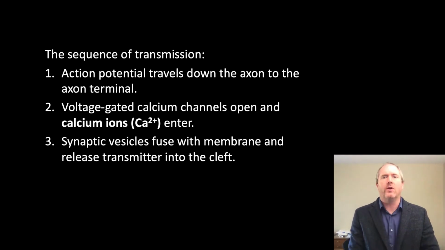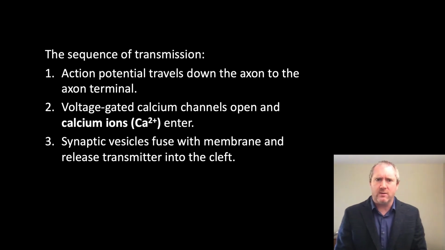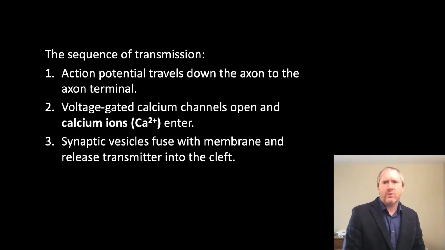This isn't the only way that it occurs in the nervous system, but this is a good, I think, standard example of what this looks like. So the sequence of transmission events that I want you to be familiar with is as follows. The action potential would travel down the axon to the axon terminal. The voltage-gated calcium channels would then open, resulting in calcium ions entering the cell.